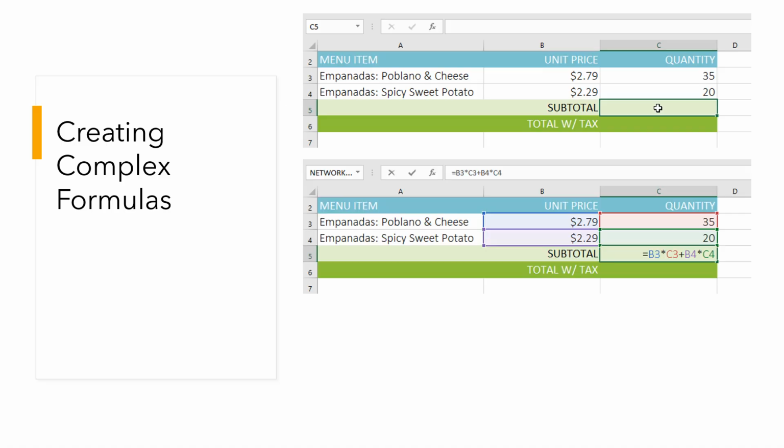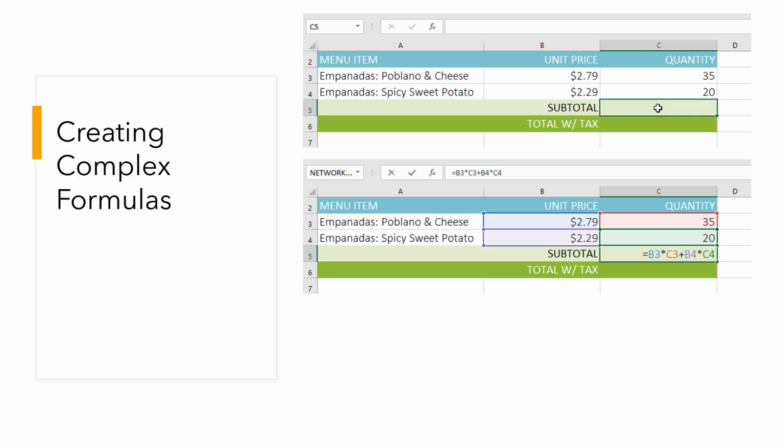So what I need to tell Excel to do is select the cell that's going to contain the formula. So what am I? C5. And then I'm going to enter in my formula. In our example, we start with equals, and we want to take the unit price and times it by the quantity.